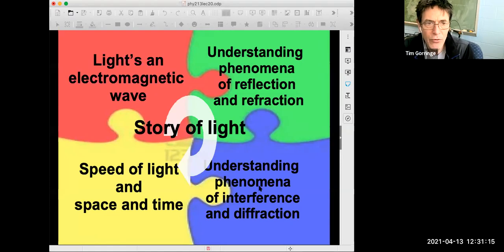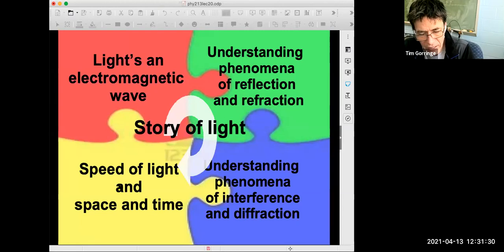Then we moved down here to the bottom right. That's what we're doing now. We're talking about wave phenomena. In last class, it was interference. This class is diffraction.